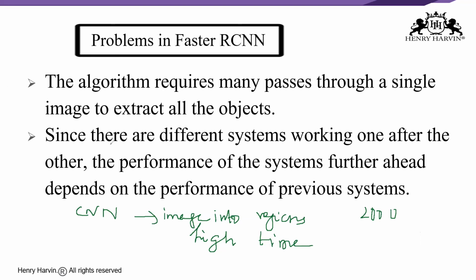The one good thing about faster RCNN is that it replaces the selective search method with the RPN, making it much faster, 0.2 seconds. But object proposal takes time, and there are different systems working one after the other, so the performance of the system depends on how the previous system has performed, right?